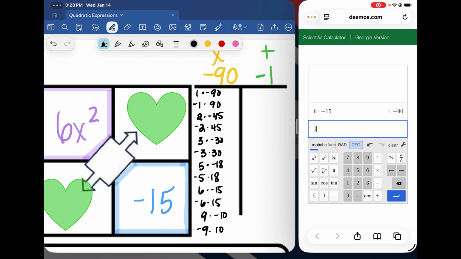Well, 1 plus -90 is -89, therefore that ain't it. And a -1 plus a +90 gives me an 89. So go down the list and find the two numbers that are going to add up to a -1.